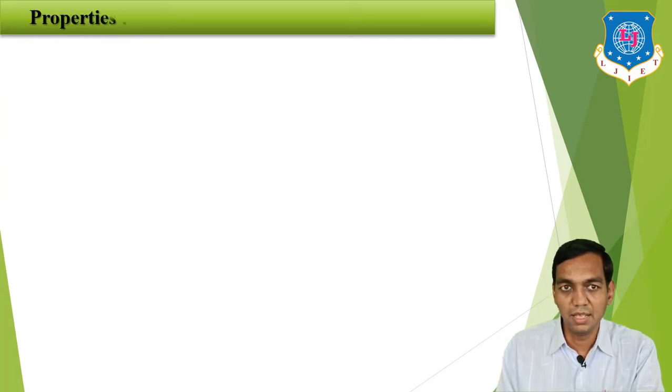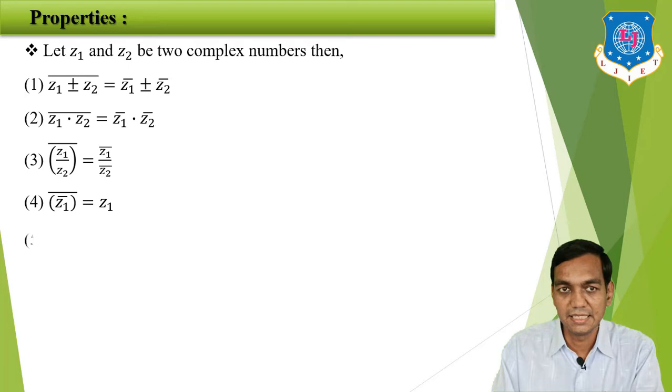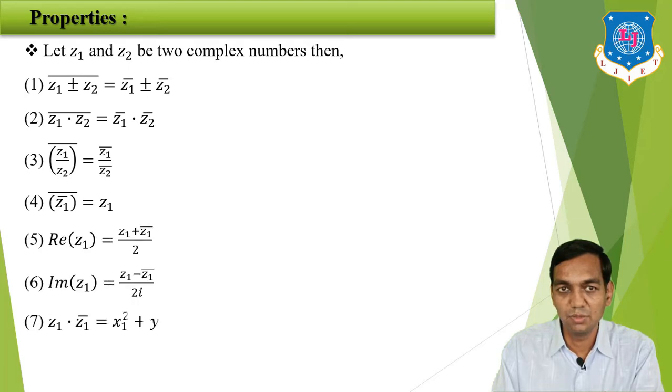Done? Now, let z1 and z2 be two complex numbers. Then the property: conjugate of (z1 plus or minus z2) is z1 bar plus or minus z2 bar. In the same manner, conjugate of z1 into z2 is z1 bar into z2 bar. Similarly, conjugate of z1 upon z2 is equal to z1 conjugate divided by z2 conjugate.